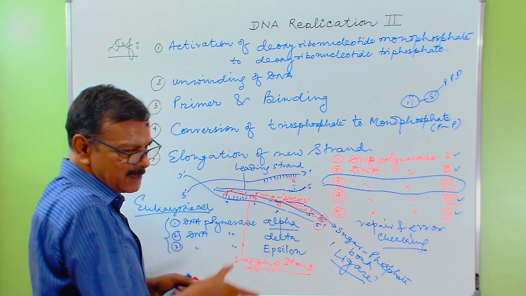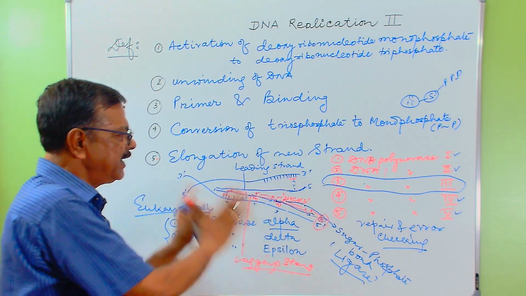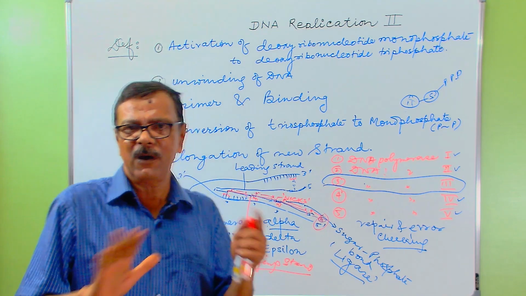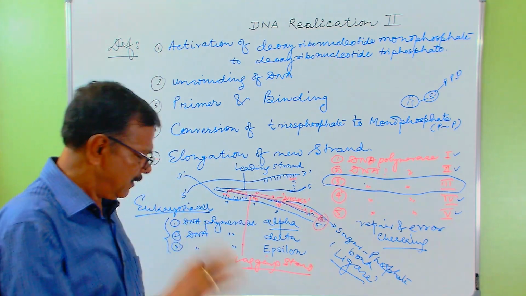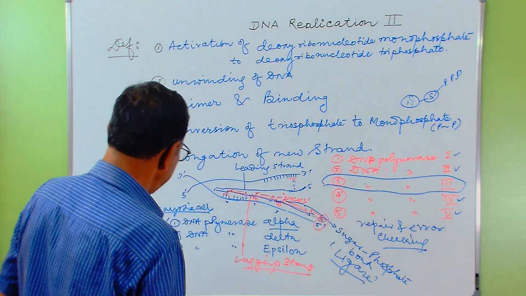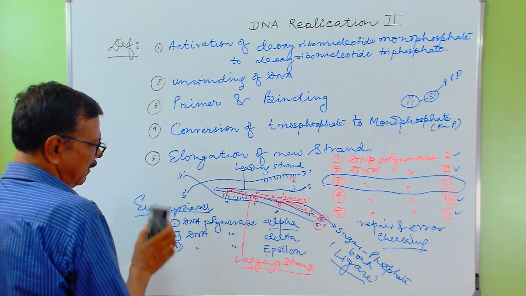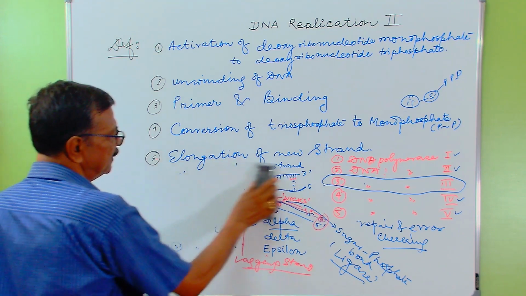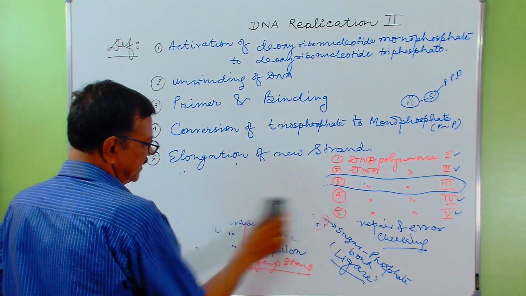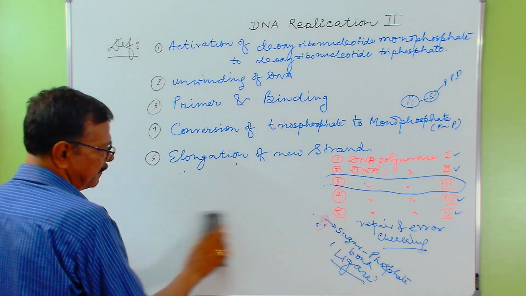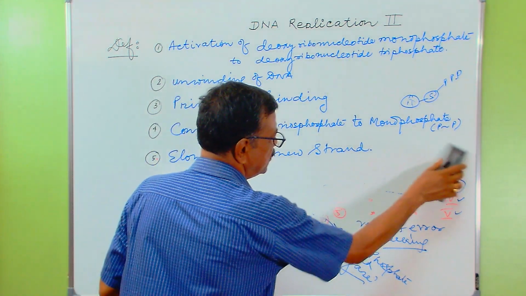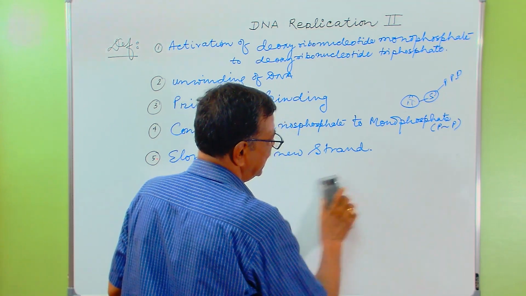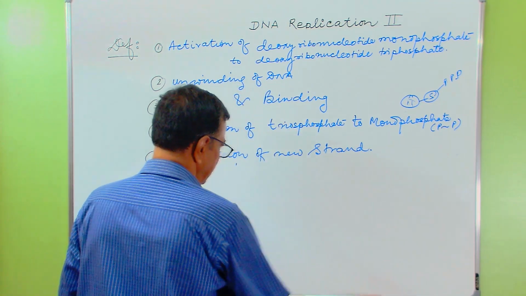So it replicates. When replication is over, what will happen? Still, we have not completed the replication. After elongation, the leading strand and lagging strand have been formed, and those have been joined by ligase. So ligase is another enzyme.